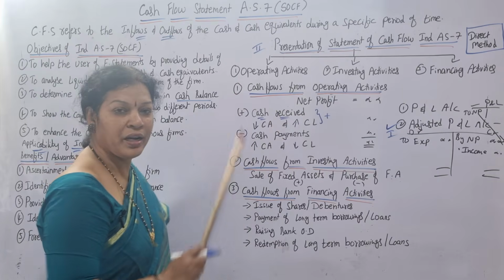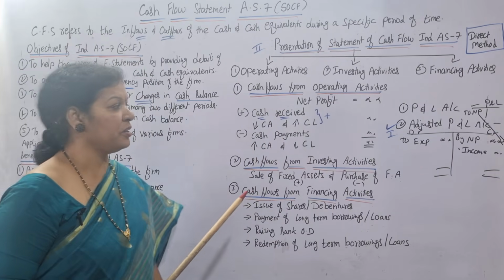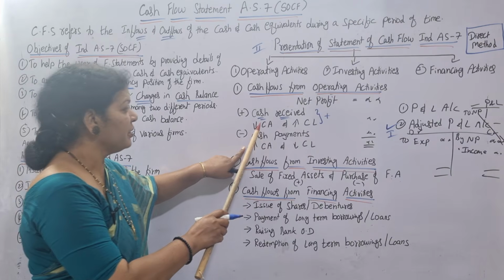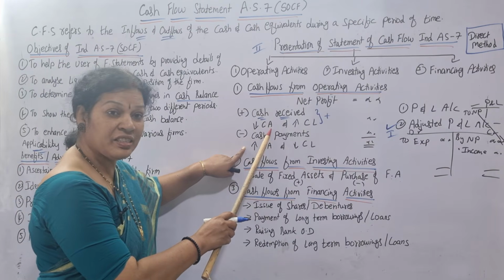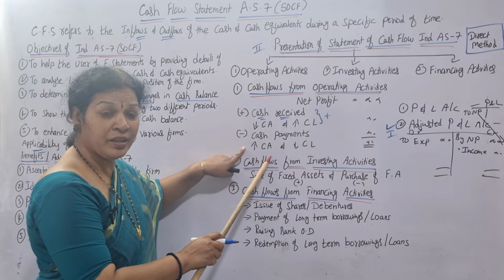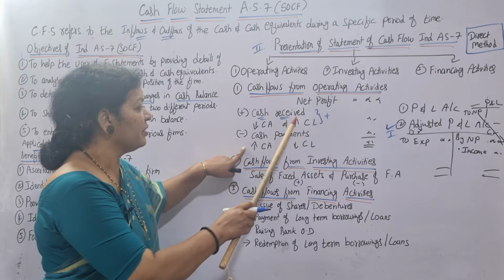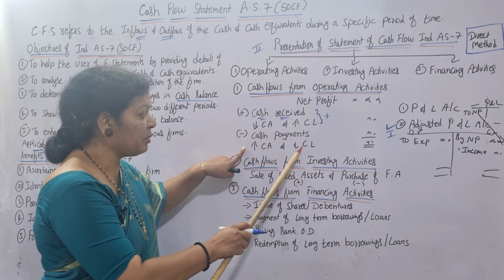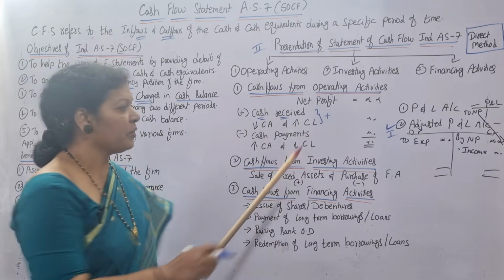If you understand this, what you have to deduct? Here cash received added. Now cash payments we deduct. Here current assets decreasing added; opposite to that, current assets increasing we deduct. Current liability increasing added; current liability decreasing we deduct.